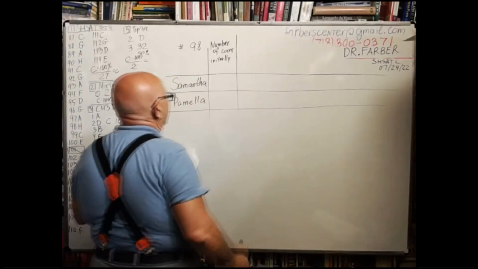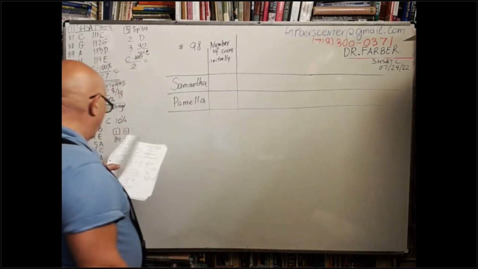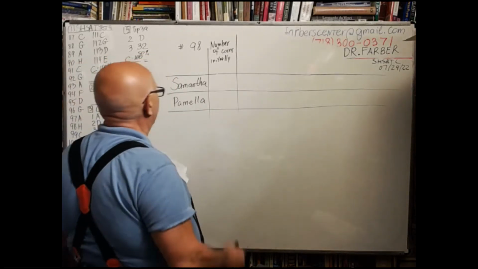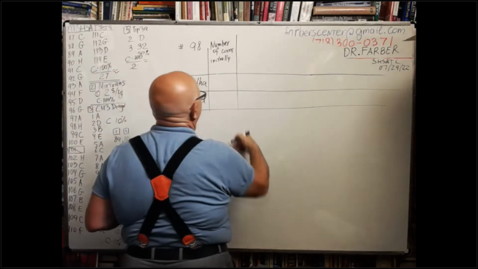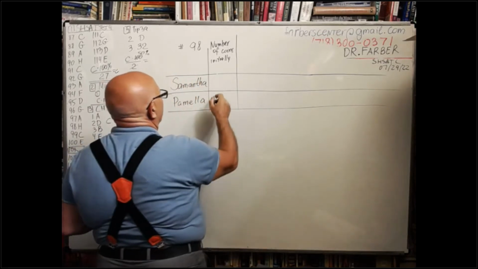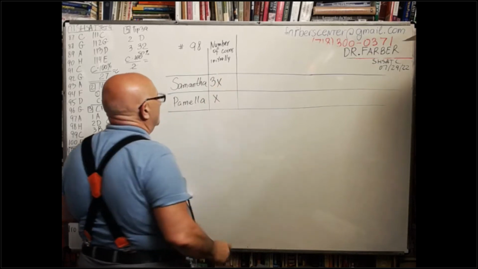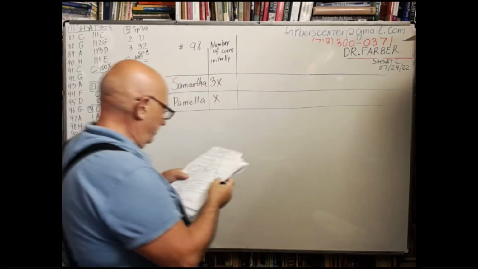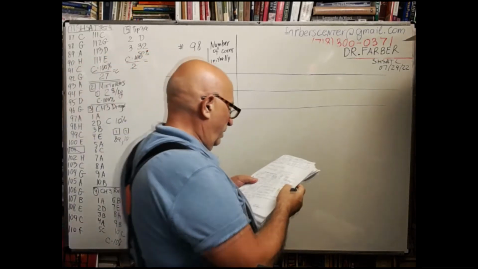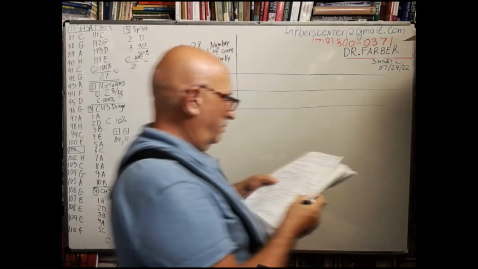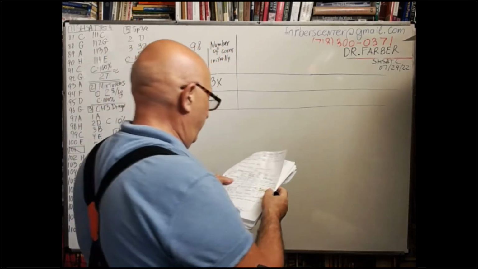And what they said, Samantha had 3 times more. They don't specify how many coins each of them has. So if this is x, this is 3x. The next. Every day they got some amount of coins from mommy.